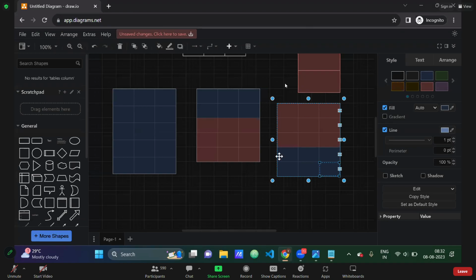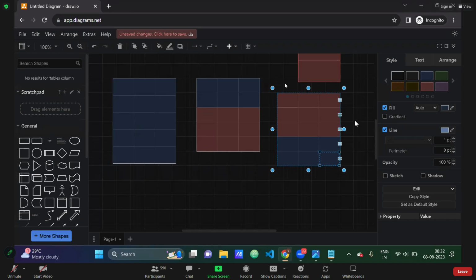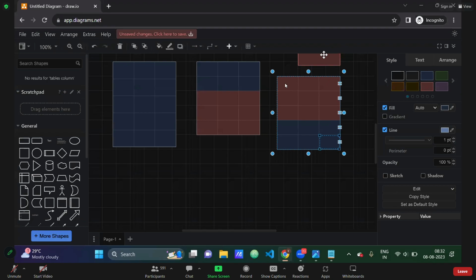And coming to what is the other possibility that we can have? One horizontal, 3 vertical, 1 horizontal. Yes.